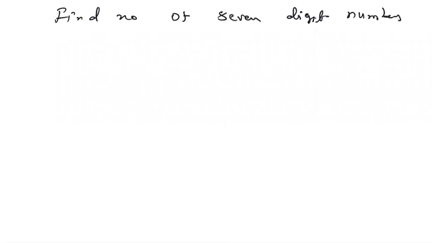Okay. One more on this. Find the number of seven-digit numbers which have exactly 3 ones.